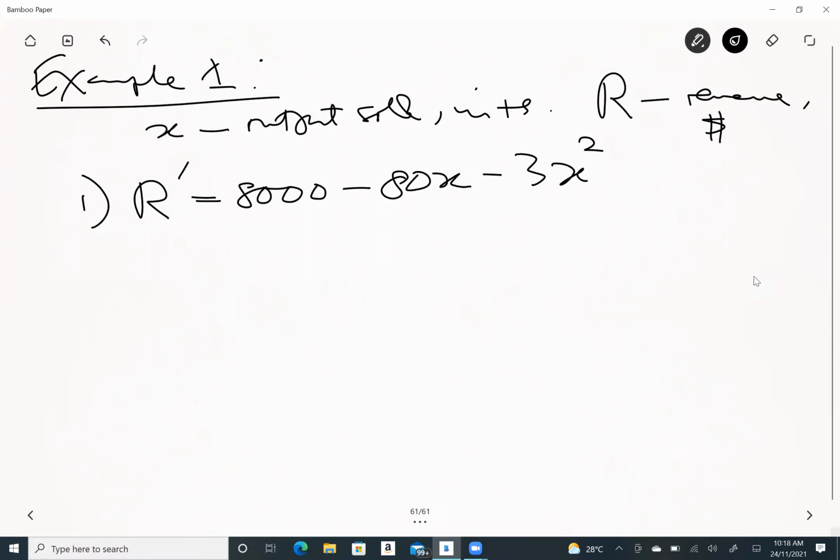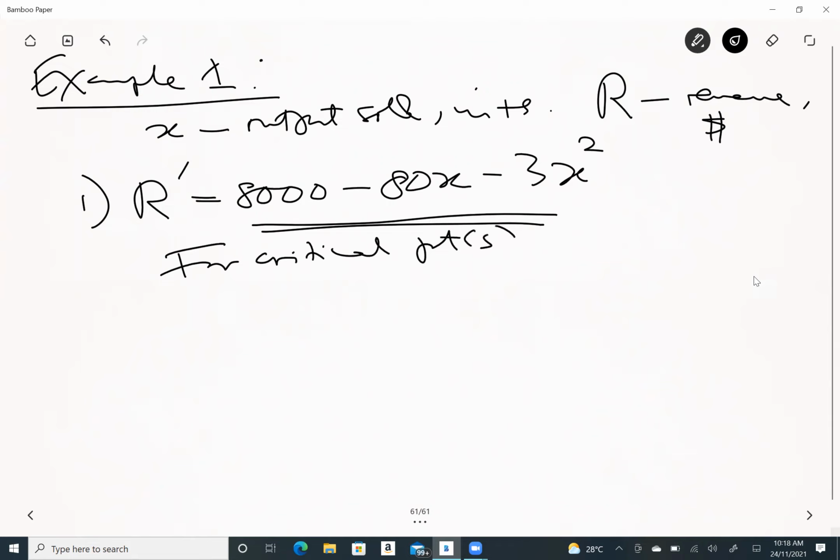You see here, I have a quadratic revenue. So you need to find the critical points. For critical points, what is the condition? Revenue prime equal to 0. And you see there, you get x equal to 40, and x equal to a negative number.